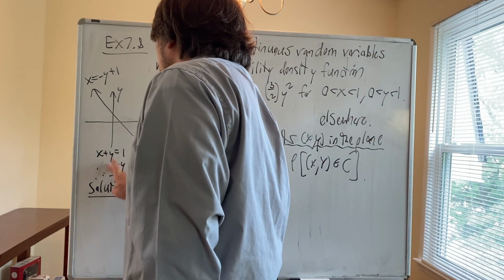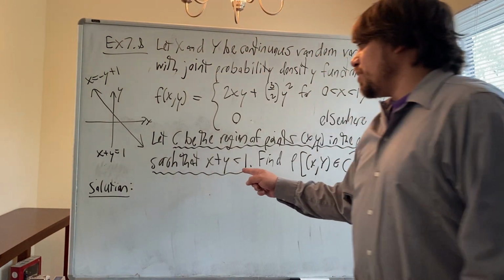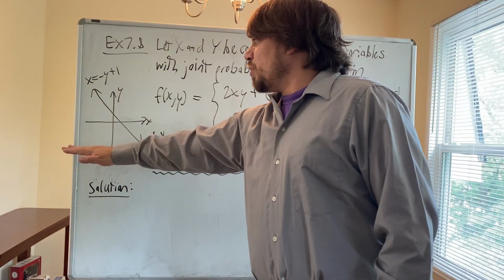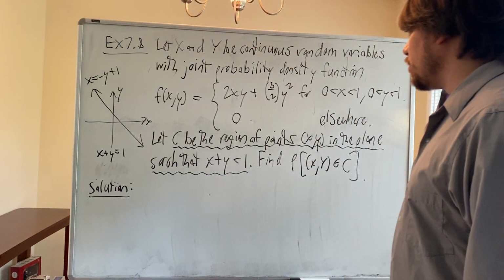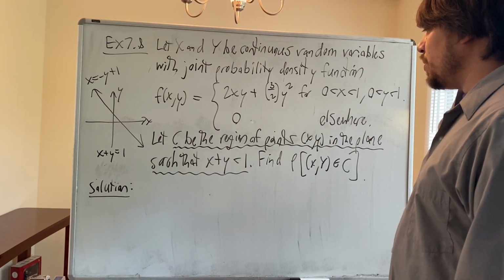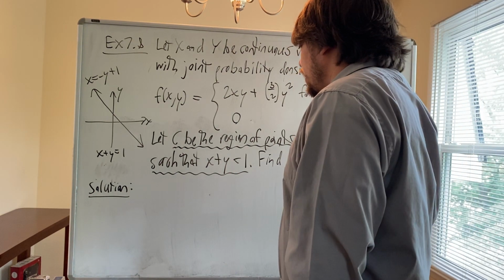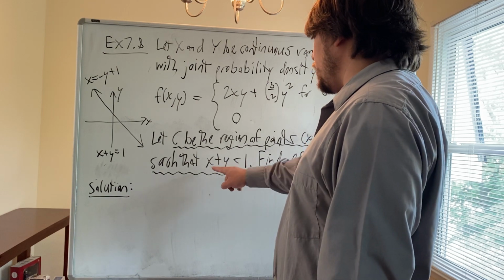Now, the points that satisfy the inequality x plus y is less than 1 are either all below this line or above this line. And so you have to decide, is it going to be above or below? So x plus y less than 1. For instance, let's take the point 3 comma 0.